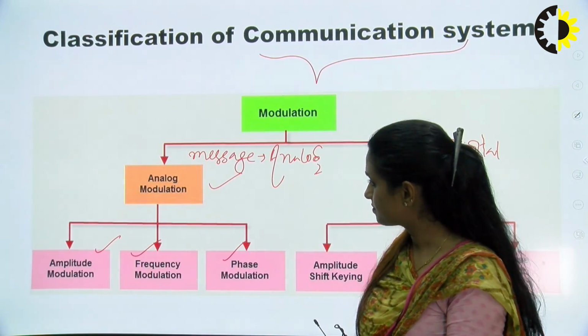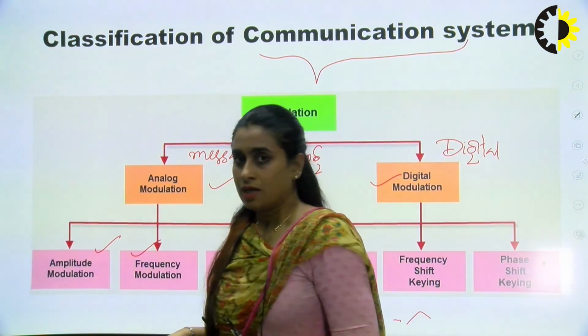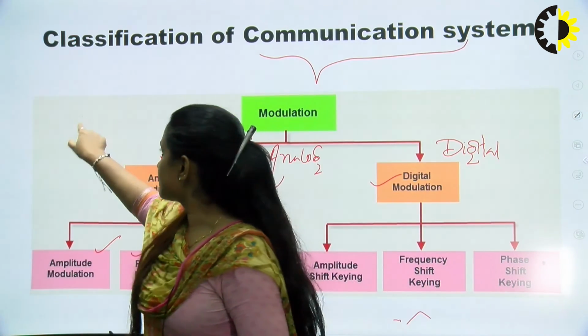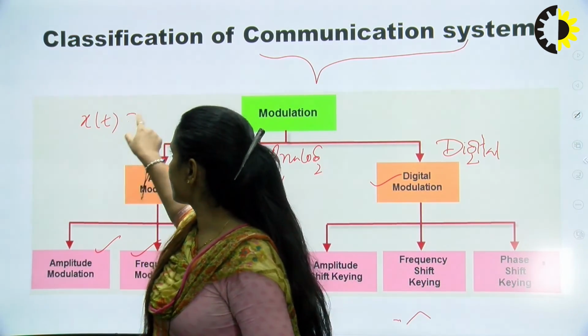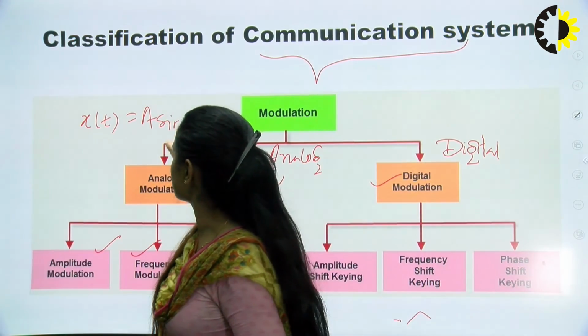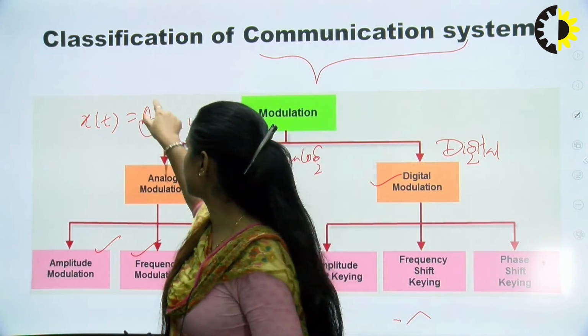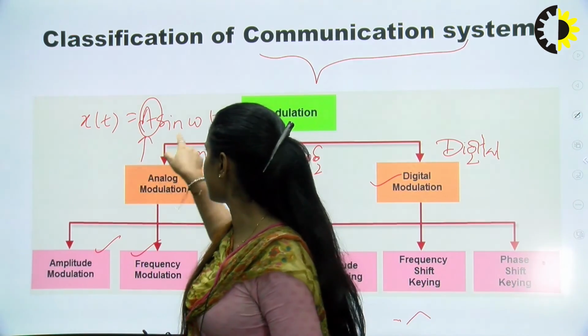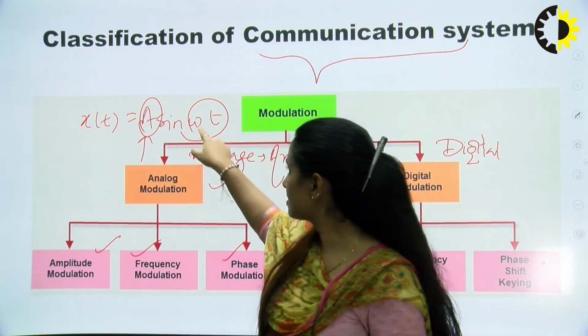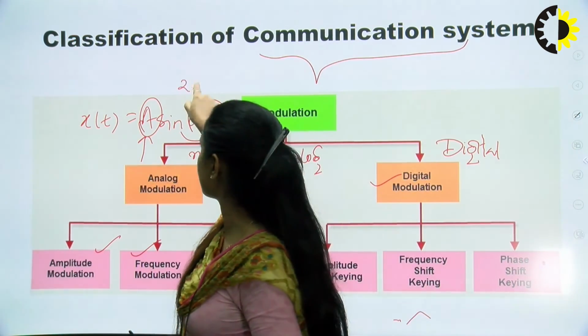My analog signal can be represented as x equals A sine omega t. So, an analog signal has these characteristics: the amplitude, and the angle. Omega is 2 pi f.